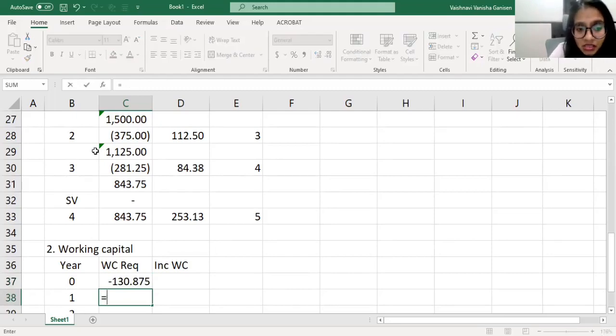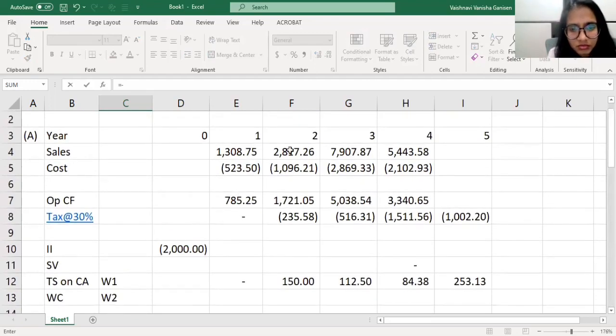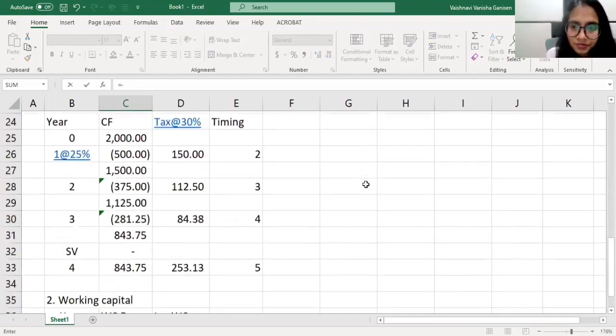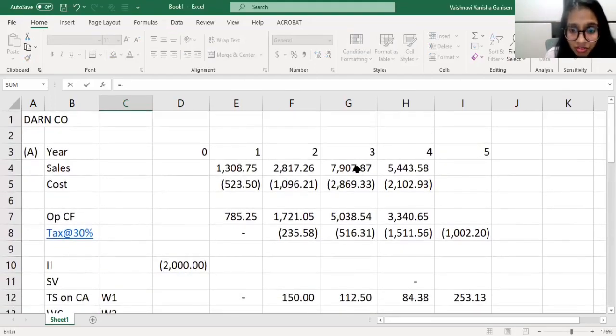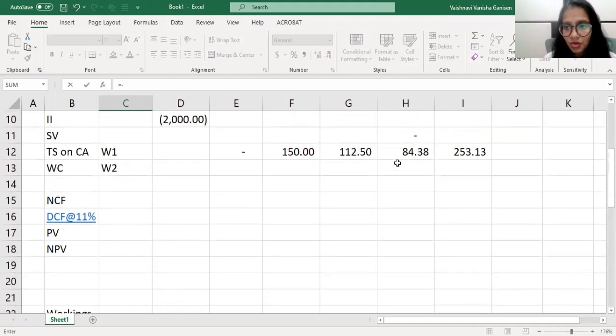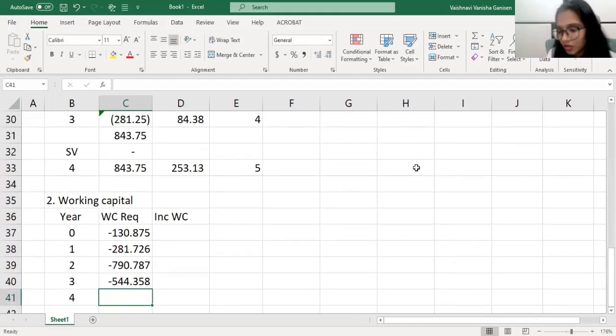Now the same thing here, equals to negative multiply 0.1. So you just keep doing the same thing. Equals to negative year 3 multiply 0.1, and equals to negative year 4 multiply 0.1.